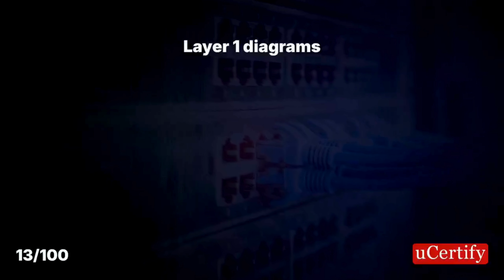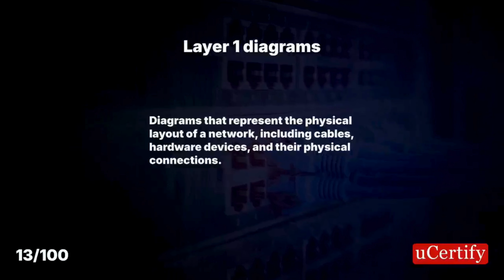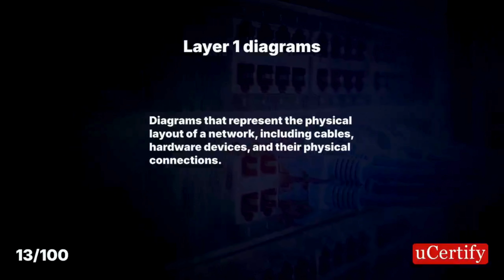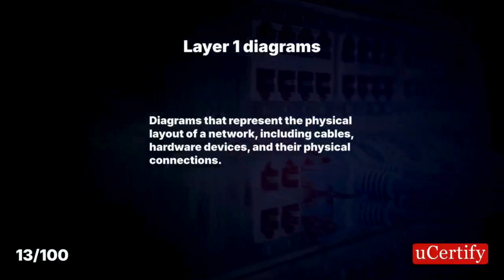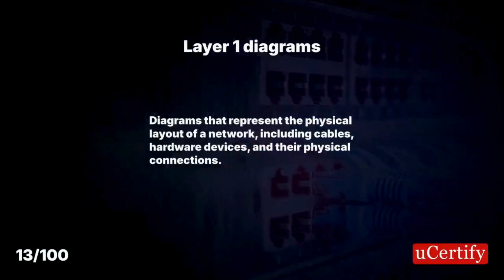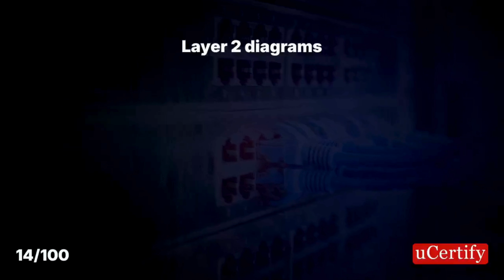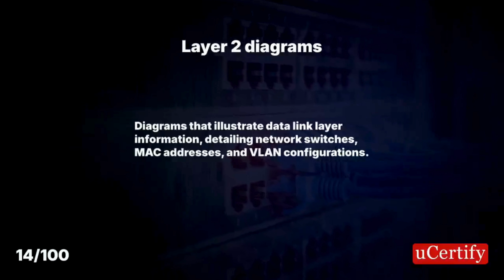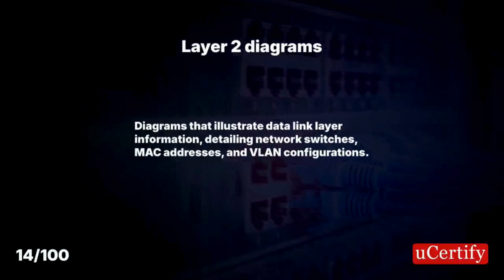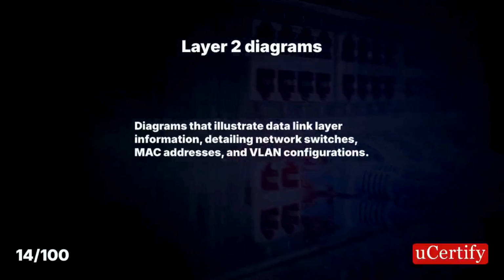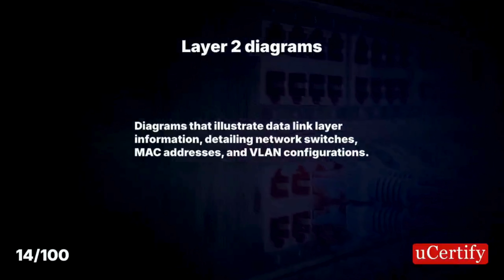Term: Layer 1 diagrams. Definition: diagrams that represent the physical layout of a network, including cables, hardware devices, and their physical connections. Term: Layer 2 diagrams. Definition: diagrams that illustrate data link layer information, detailing network switches, MAC addresses, and VLAN configurations.